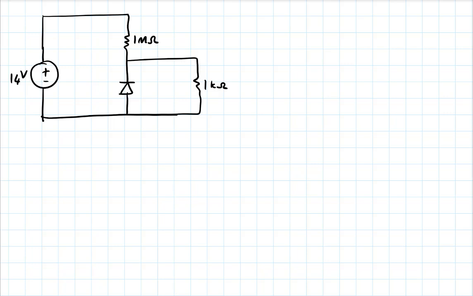Let's assume that the same thing works as before. So I have 10 volts here. Let's be optimistic, which is 10 volts here. So here I have 4 volts, which means how much current do I have here? 4 microamps.